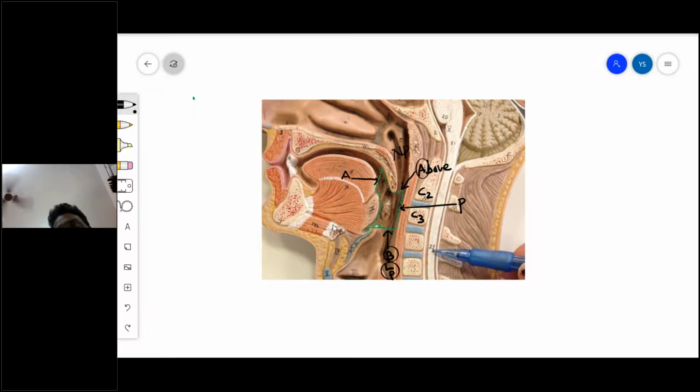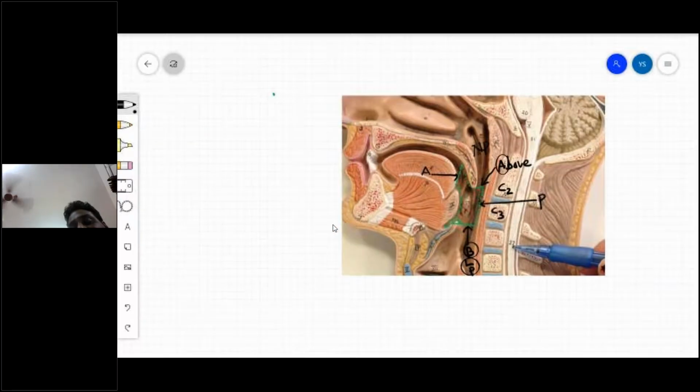Next, below, it communicates with the laryngopharynx at the upper border of the epiglottis. Laterally it is formed mainly by the tonsillar fossa and covering mucous membrane. So these are the boundaries of the oropharynx.